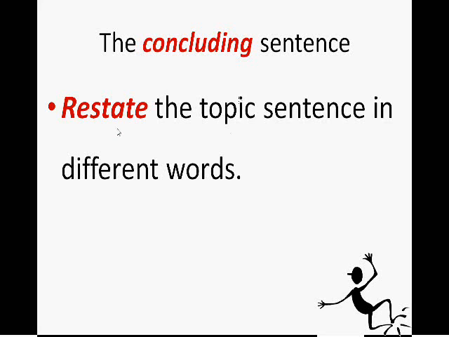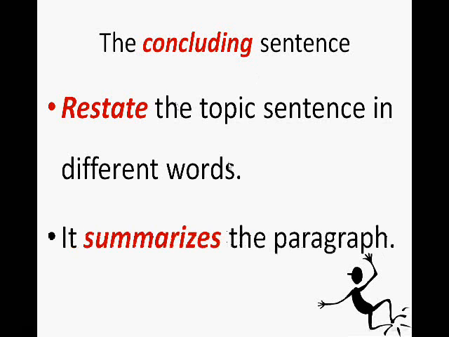First, I have to restate the topic sentence in different words. When I restate the topic sentence, it means I paraphrase it, I say it again in a different way, okay? So, different words. Also, it summarizes the paragraph.